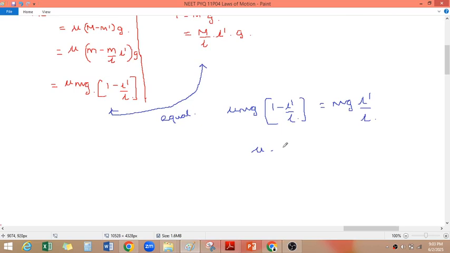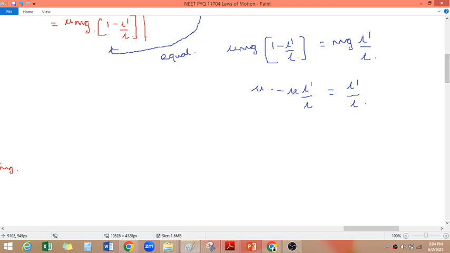So what is left is mu into 1 minus L dash by L is equal to L dash by L. Taking the mu inside, mu minus mu L dash by L is equal to L dash by L. I can take this to this side, so it will become 1 plus mu into L dash by L. So L dash by L is equal to mu divided by 1 plus mu.